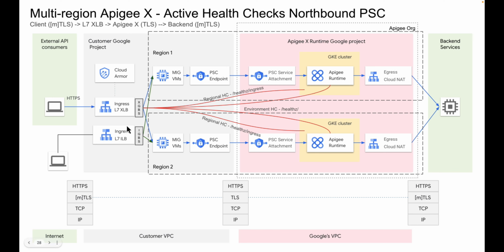So here we have another situation. We have an ingress L7 external load balancer, and the possibility to perform health check with an ingress of type internal load balancer that is regional. Only one region will be accessible here, except if global access has been set for this internal load balancer.